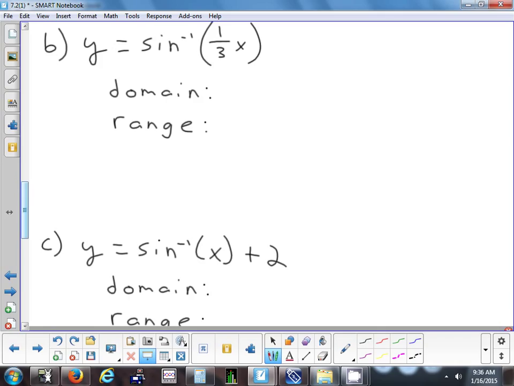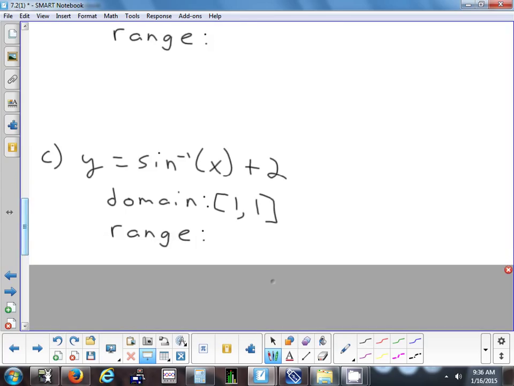There's nothing there. There's no A, there's no B. There's only a D. Okay, that's a vertical. Affects the vertical. So negative 1 to 1. Okay, now my range. Let's start with what the range is originally. What's the original range for sine? Negative pi over 2 to pi over 2.